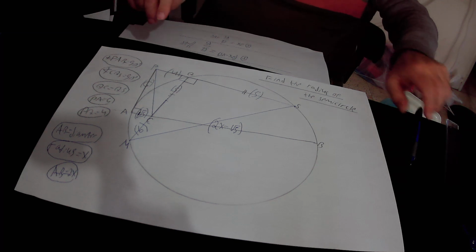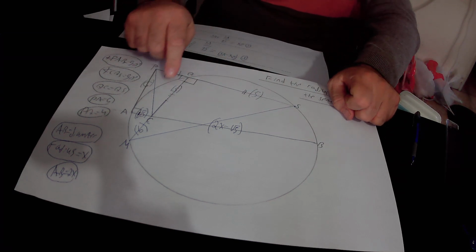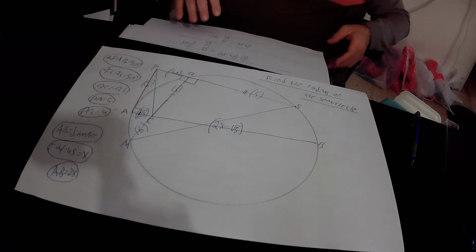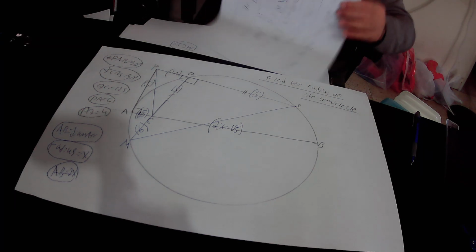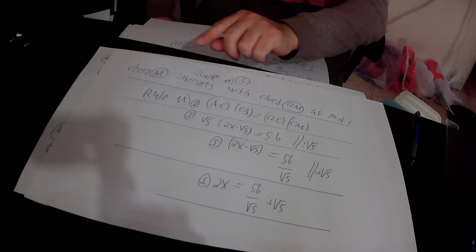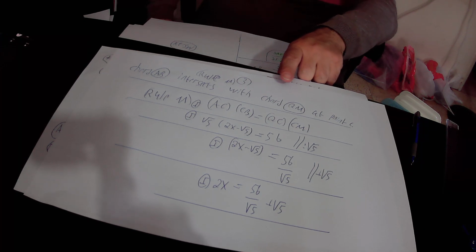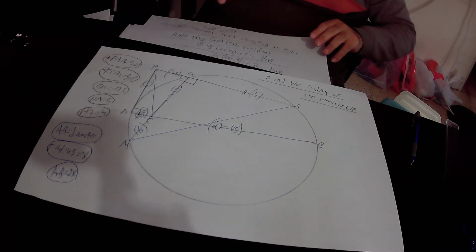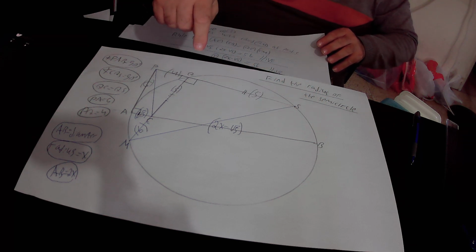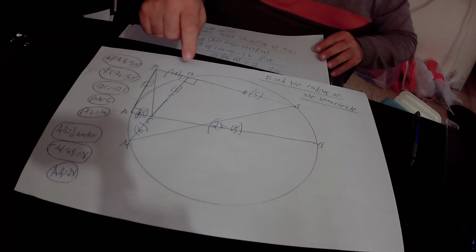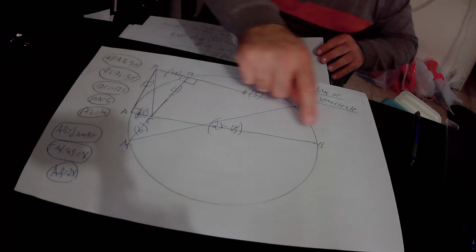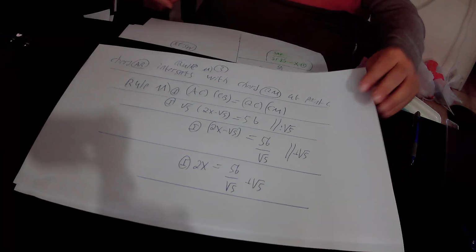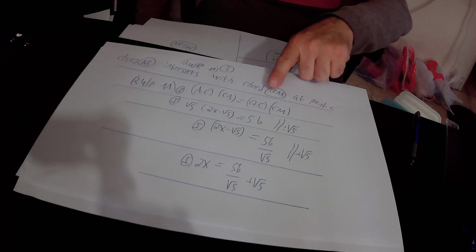Because in our drawing we have chord AB that intersects with chord QM at point C. Therefore, according to rule number 11, we get that AC times CB equals QC times CM. Again, AC times CB equals QC times CM.